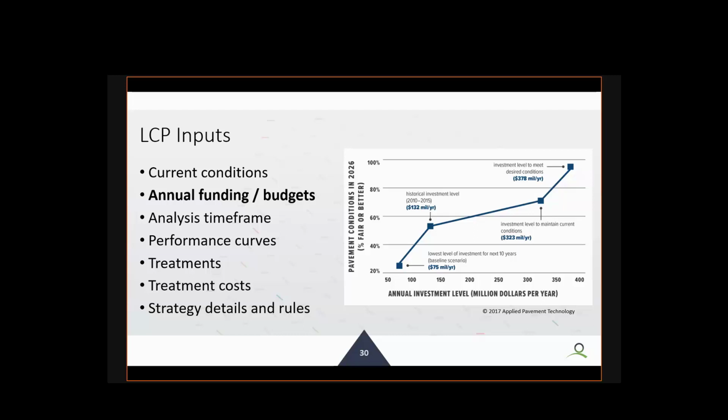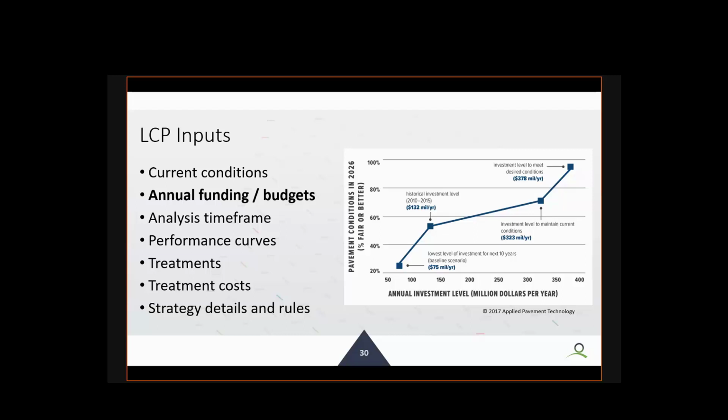That would be what you think would be the lowest possible. Maybe if all your funding risks came true, how much funding do you think you'd have available? And then you can look at some that might be developed iteratively, like how much funding does it take to maintain your conditions, or how much funding does it take to meet your desired state of good repair.